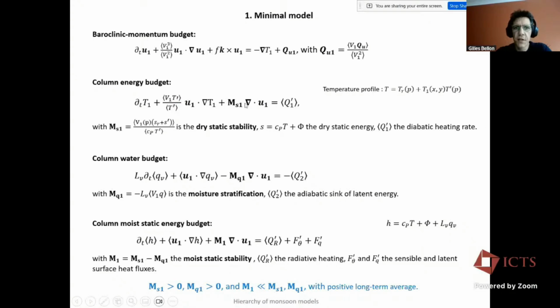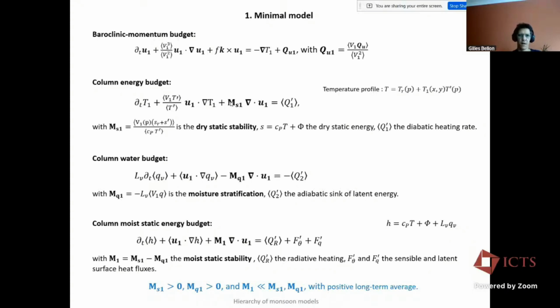And so in this vertical advection, there is that factor here, that's the dry static stability. It's the amount of energy that's exported from the column per unit of divergence of the horizontal first baroclinic wind, which means that it's the amount of energy that's exported per unit mass of the overturning circulation.